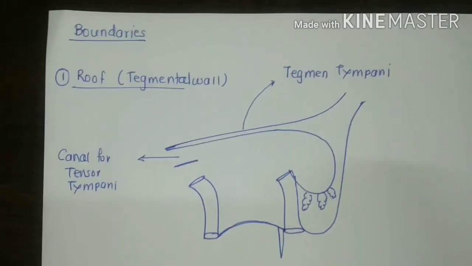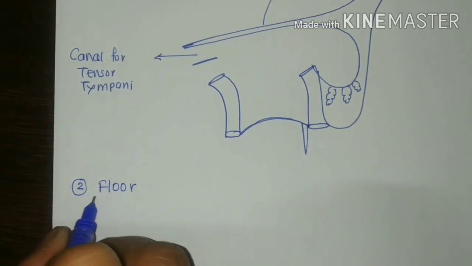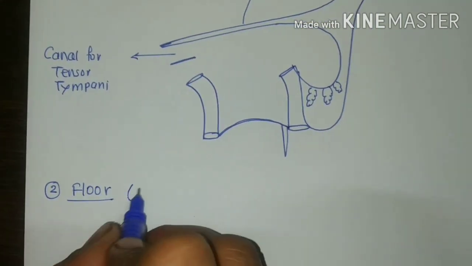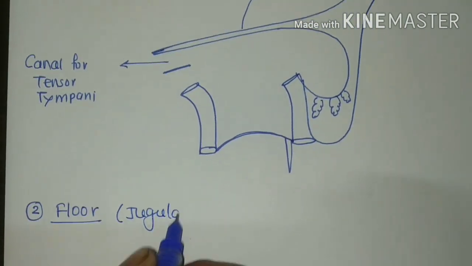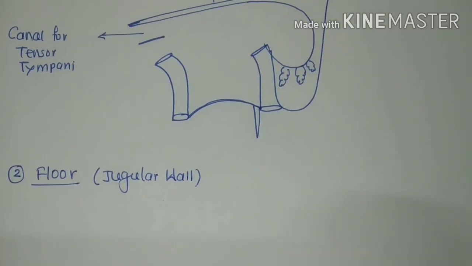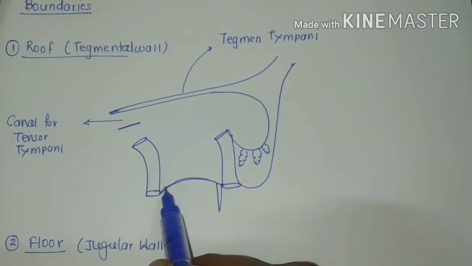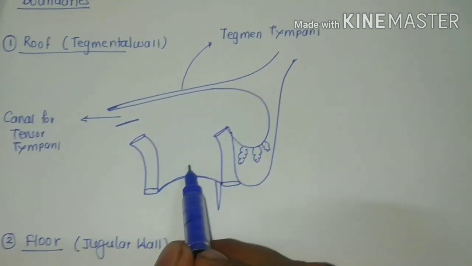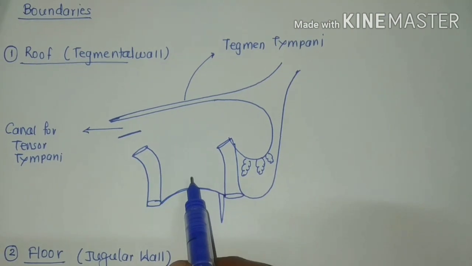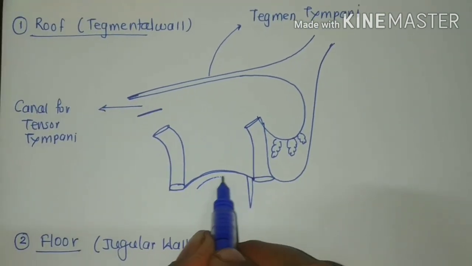Clear? Now coming to the second wall, that is the floor of the middle ear cavity. The floor, it is also called as jugular wall because it is formed by the jugular fossa. Now the floor, it is responsible for separating the middle ear from the superior bulb of internal jugular vein.